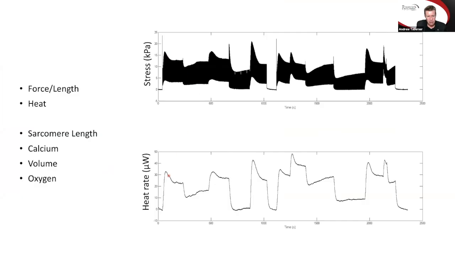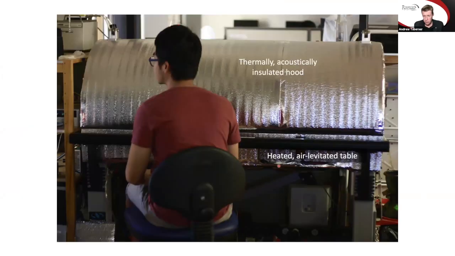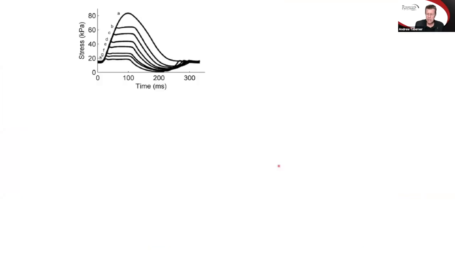And you can see, just by visually inspecting, how related the amount of heat production is to the amount of force that is produced by the tissue. All of this sort of work has to be done inside a very thermally insulated environment, which we control to a high degree. No pun intended. We control to millikelvin, sub-millikelvin resolution to keep the experiment very stable.